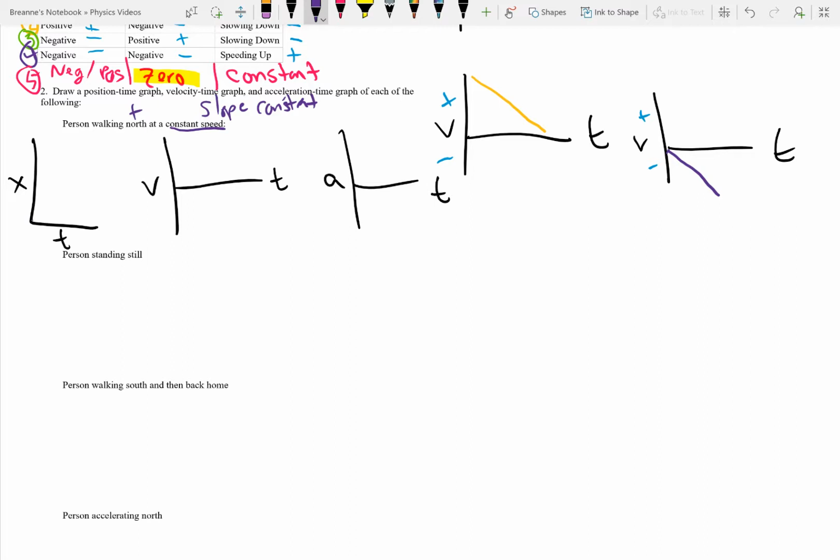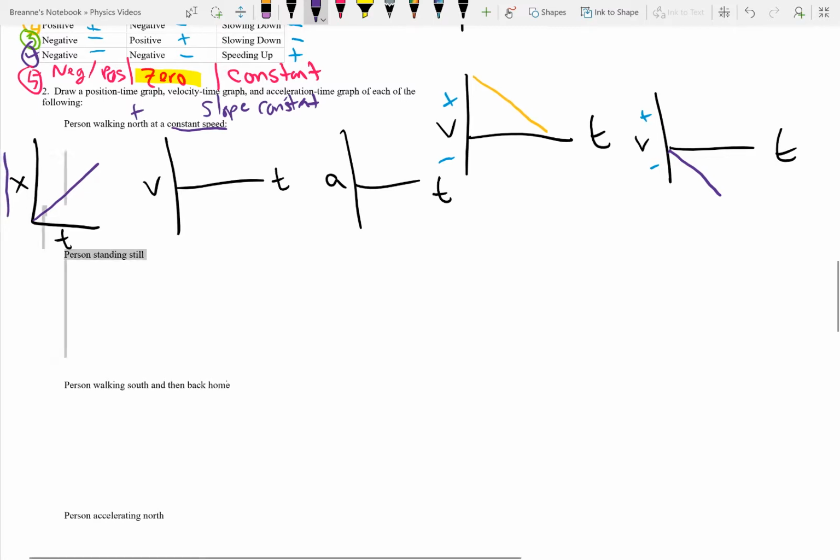So to have a constant slope, you have a diagonal line. And it's positive, so you're going up the position versus time graph. So you're positive, so you're going to be in this quadrant, but constant speed, you show constant speed with a horizontal line. And then your acceleration would be 0 because your velocity is not changing.